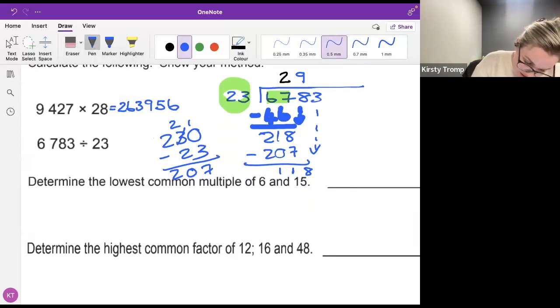Thank you to somebody who just sent that to me. I had the wrong sum written down, so that needs to be a 3. So when I say 113 divided by 23, sorry guys, 113 divided by 23 gives me a 4. This goes in 4 times.